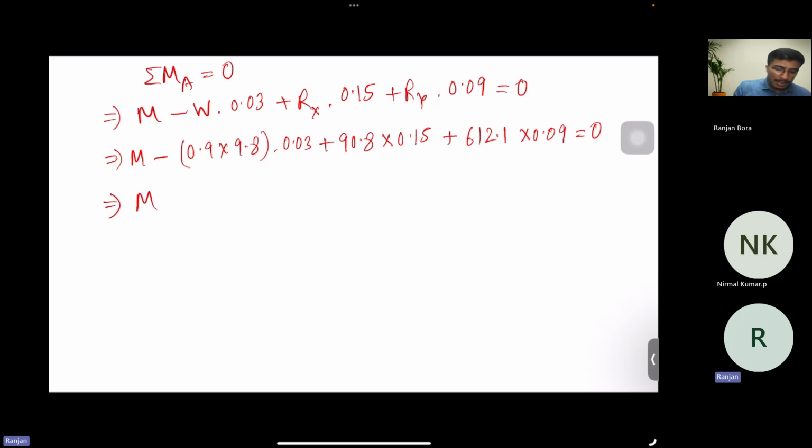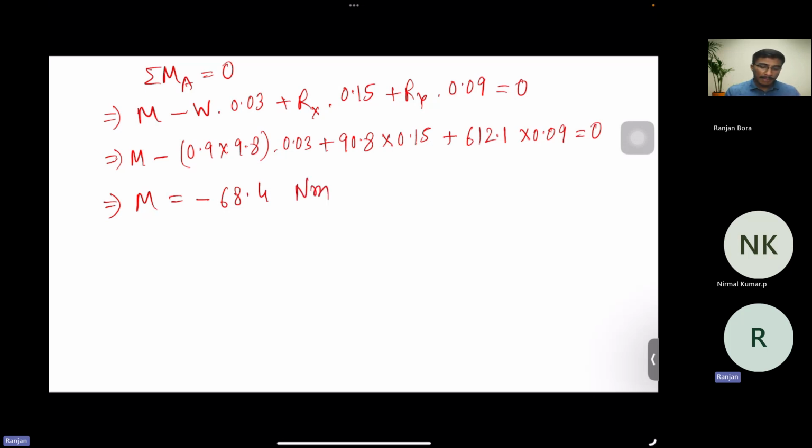So from here we get M equal to minus 68.4 Newton meter.